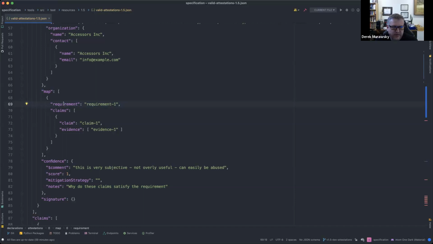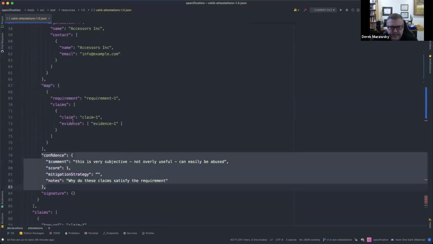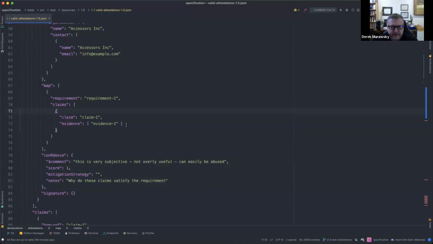If we had the confidence block as part of that map, showing how confident we are in this particular claim, then we can look at the evidence or have a mitigation strategy in there. All of that could be within this mapping.